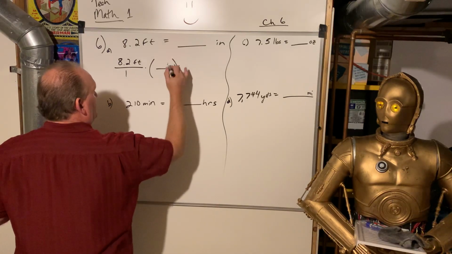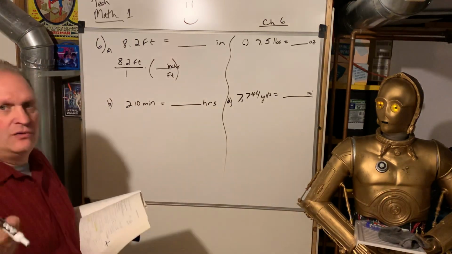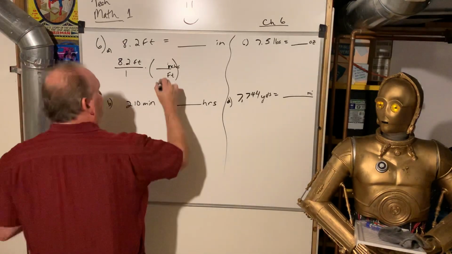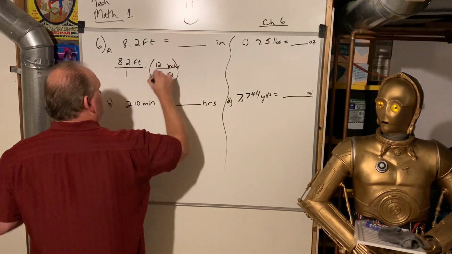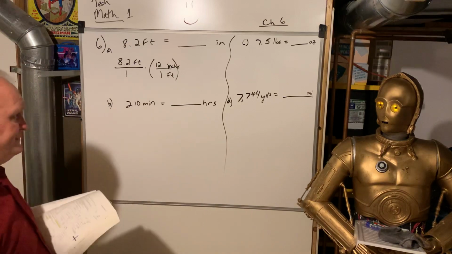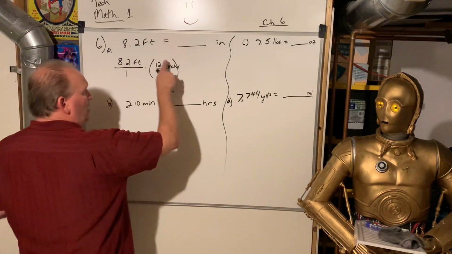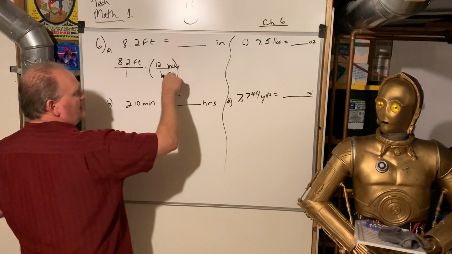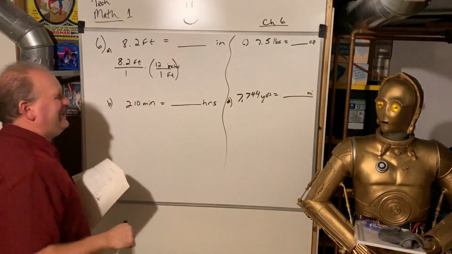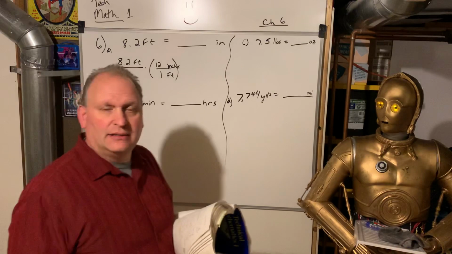All right. And now you just have to know what they're equal to. So 1 foot is 12 inches. So essentially, I'm multiplying by 1. I just pulled some shenanigans with the labels.